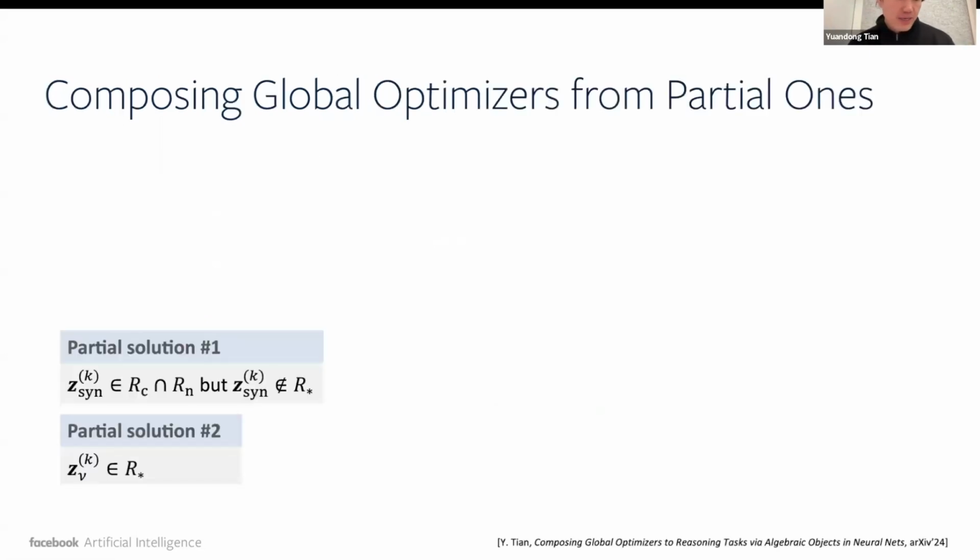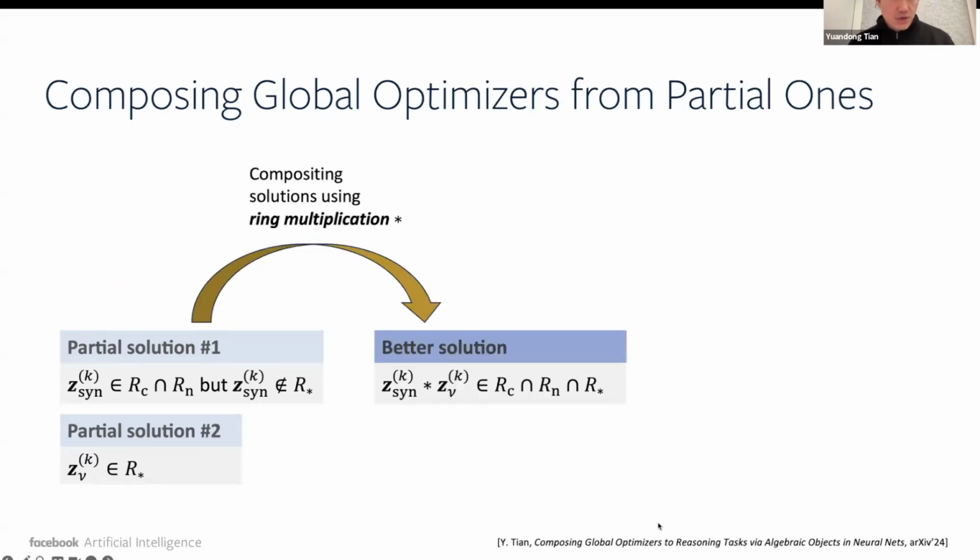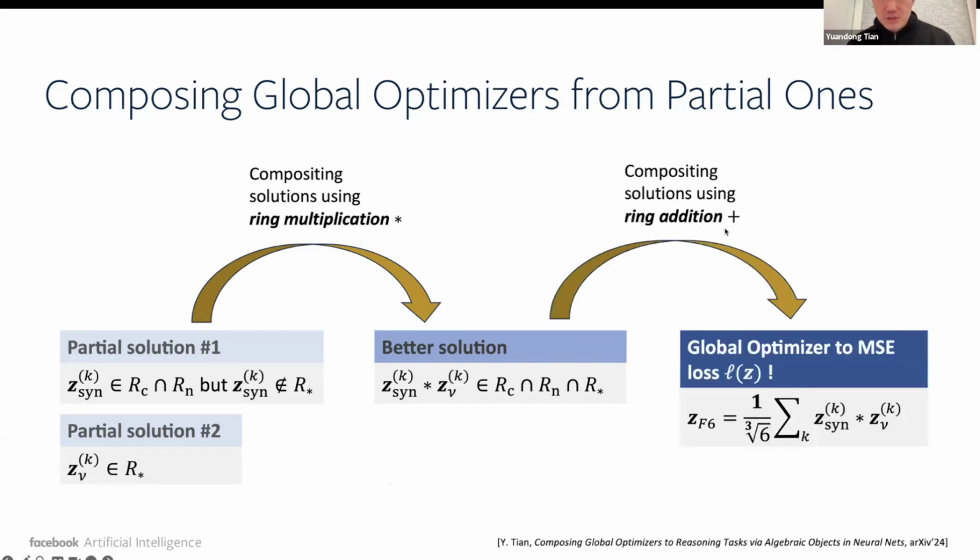By using this mechanism, you can construct the global solutions from partial solutions. You start from partial solutions that only satisfy a subset of your global optimal constraints. Then you can compose the solutions using ring multiplications to get a better solution. Then you construct solutions with the ring addition, and finally you achieve the global optimizers of the original loss function. Even if the loss functions are highly nonlinear, you can still construct that.